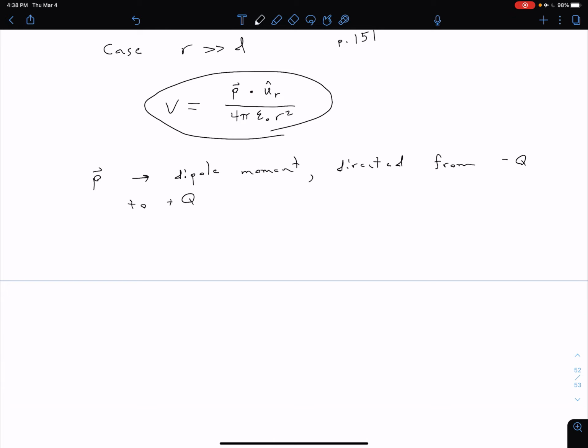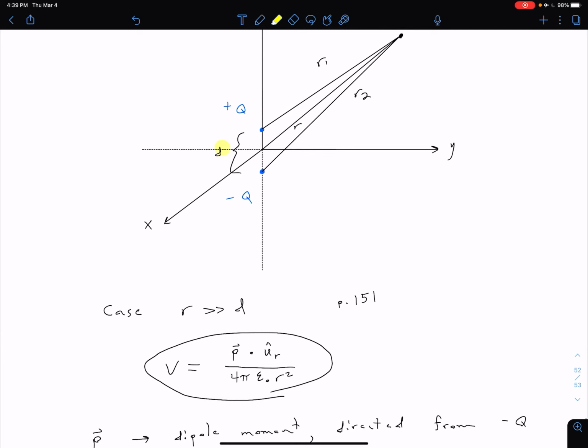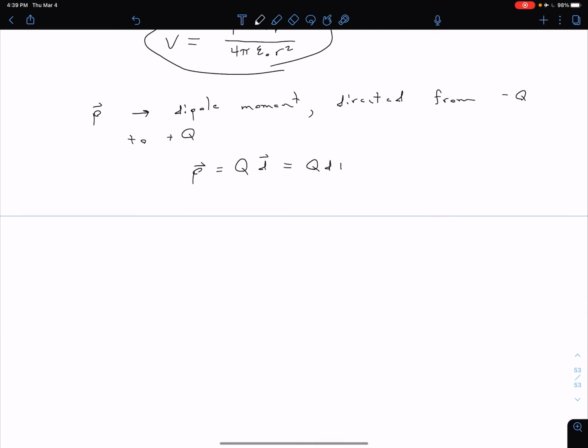In general, our dipole moment is defined as P equal to the charge magnitude, of either of the two charges, times a d vector. The d vector is just the distance between the two, oriented from negative to positive. We could simplify that and say this is q times d, the magnitude of the distance between the two point charges, and in this case it's in our z direction.